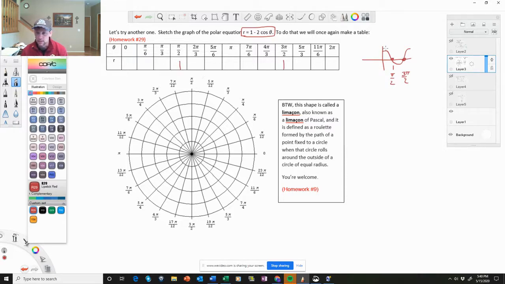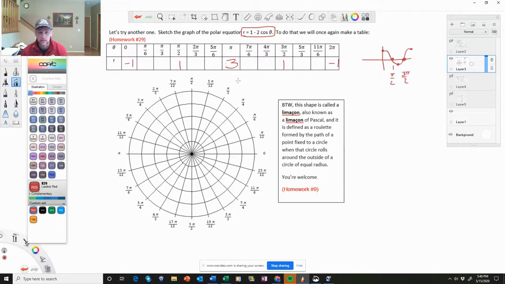What else is easy? I know that at 0 and 2 pi, the value is 1. So 1 minus 2 times 1, that's going to be -1. Here and here. What else is easy? Oh, pi. Right there, it's -1. So 1 minus 2 times -1 is going to be positive 3.